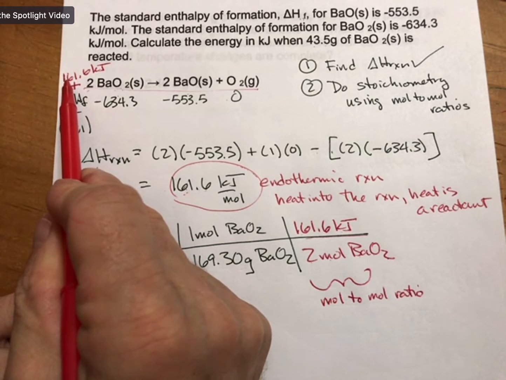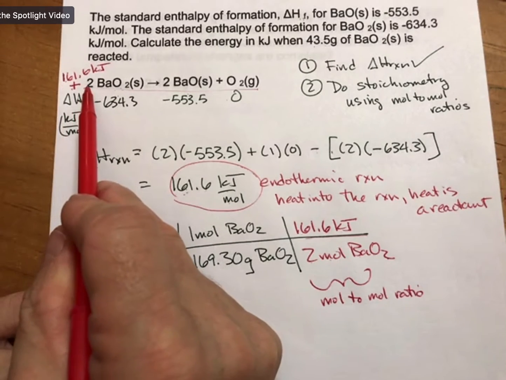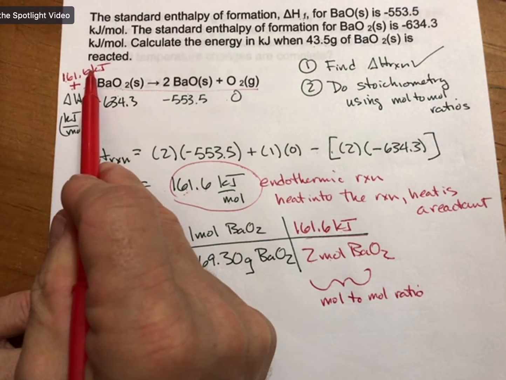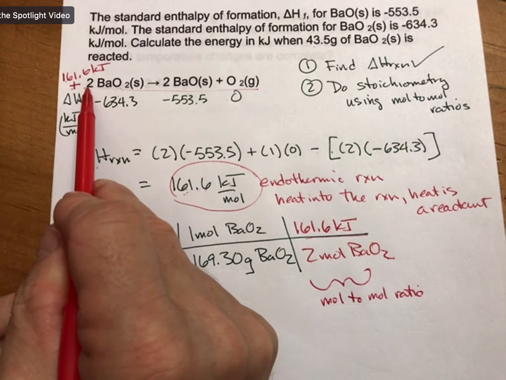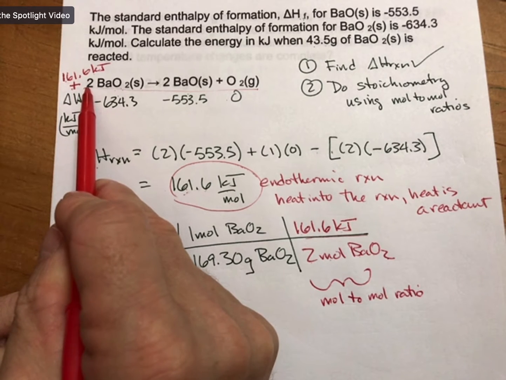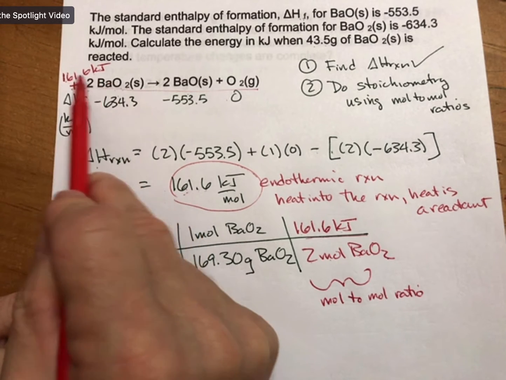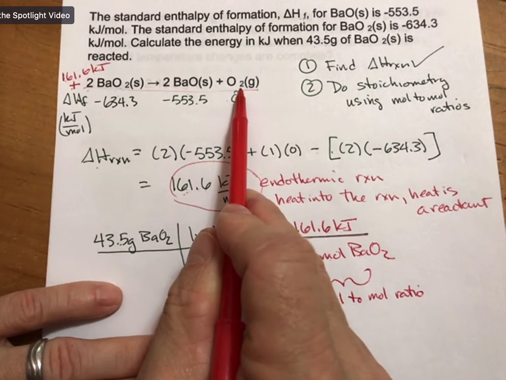Because if it's in your reaction, we can now say there's 161.6 kilojoules, and when we do our mole to mole ratio, that is for 2 moles of barium peroxide. It's actually for 1 mole of oxygen, O2.